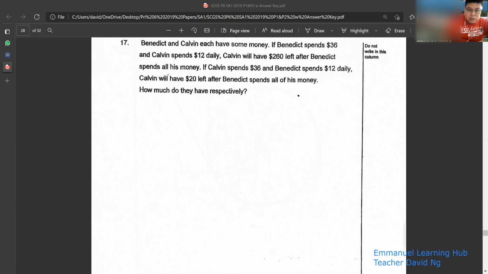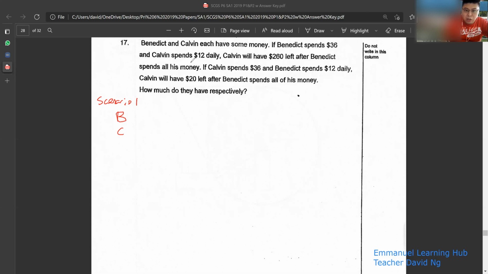Okay. So you have scenario 1, B and C. Scenario 1 means this part here, the first paragraph. Benedict and Calvin each have some money.